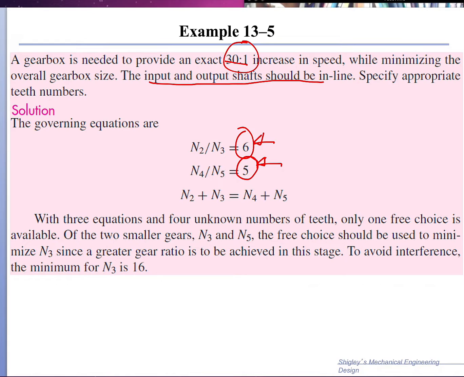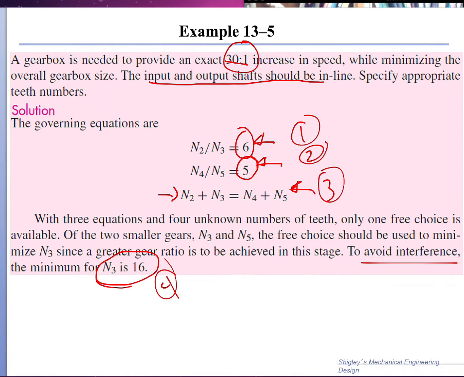And now, because it's a reverted shaft design, N2 plus N3 is equal to N4 plus N5. The last piece of information is that N3 should have a minimum of 16 teeth to avoid interference. So we have 4 conditions to be solved in 4 unknowns.